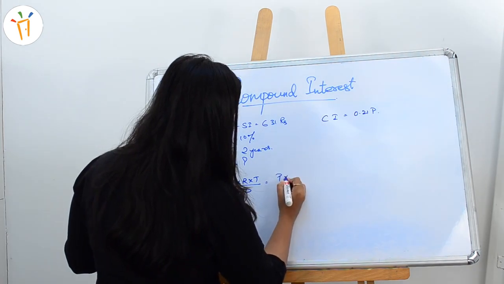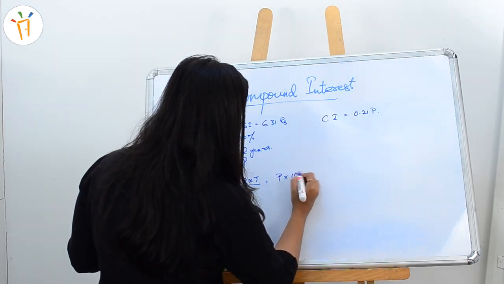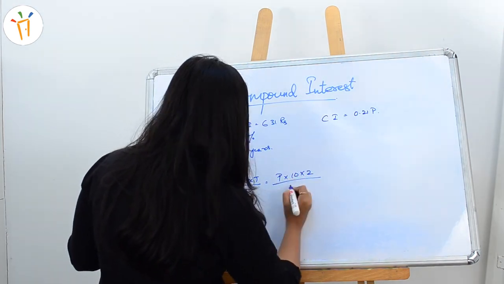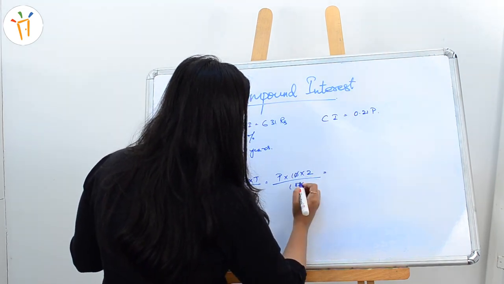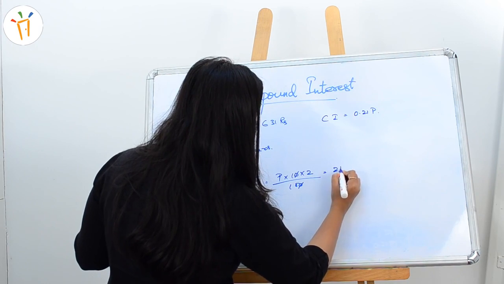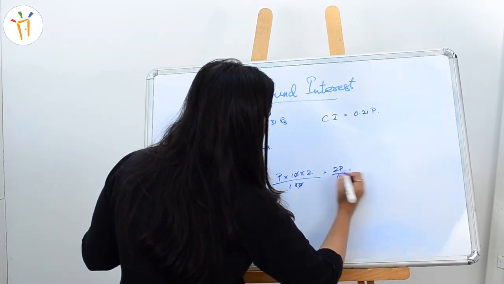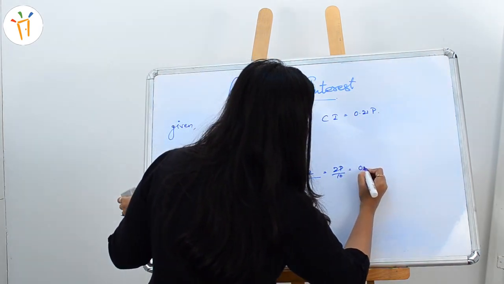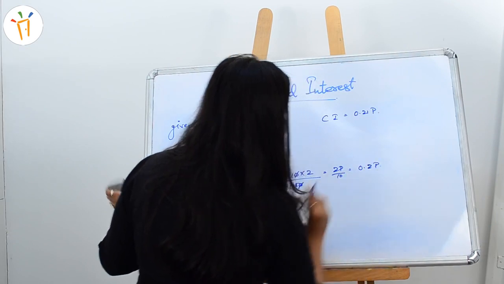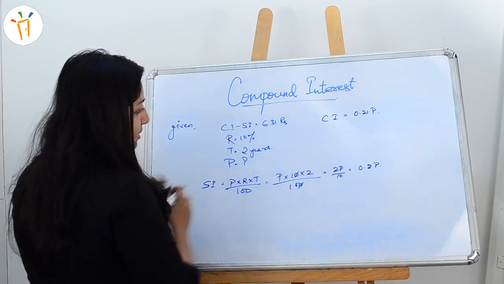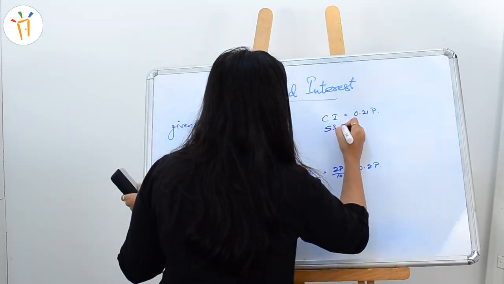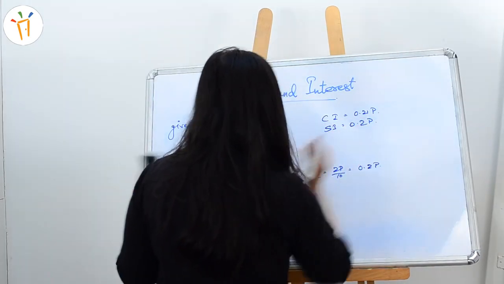That is P into 10 into 2 by 100, which is equal to 2P by 10, that is equal to 0.2P. So the SI that we receive is 0.2P.